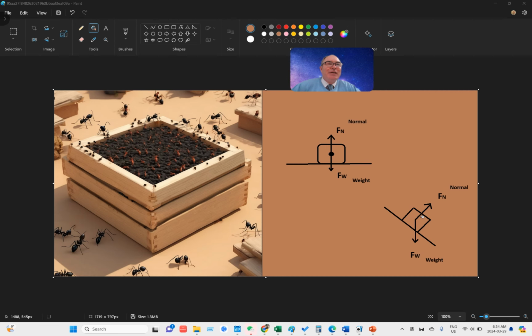We're going to talk about this later, another day, but we have a piece that goes up and a piece that goes this way. This box, we'd expect it to slide down the table here. We'll worry about that another day. We just want to get the idea of a free body diagram: a box of ants, weight force down, normal force up, and what we mean by normal.